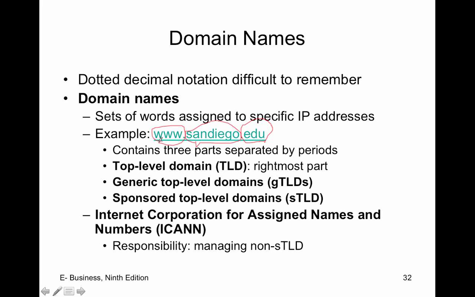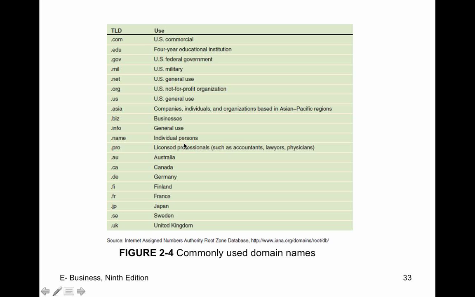We won't go into details, but basically that is how you identify an object on the internet. If you're not using an IP address, you would be using a domain name. So here are the most commonly used domain names, which you probably are familiar with.